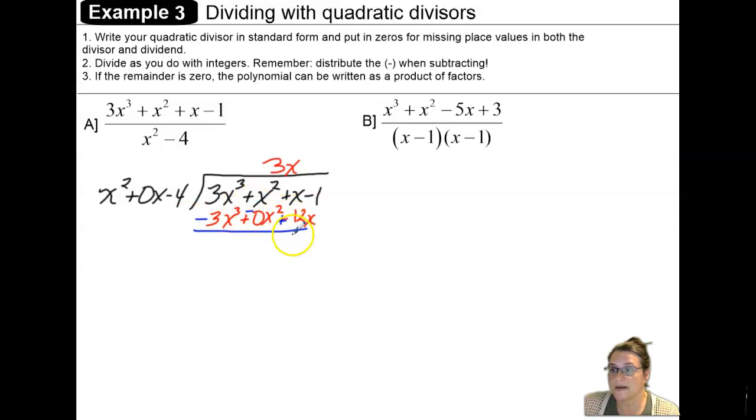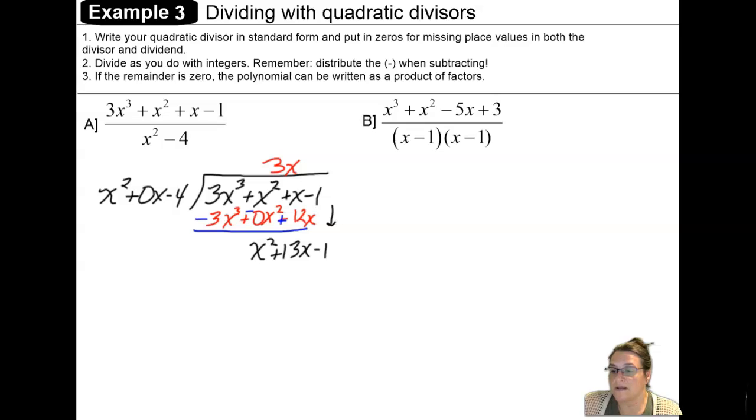So minus, minus, positive. And when we simplify, 3x cubed minus 3x cubed is 0. That cancels. x squared minus 0x squared is x squared. Then positive x plus 12x would be a positive 13x. And then we're going to bring down the constant here at the end, which is negative 1.